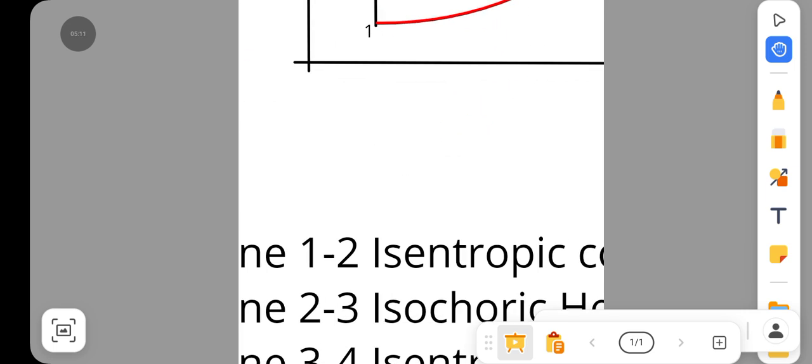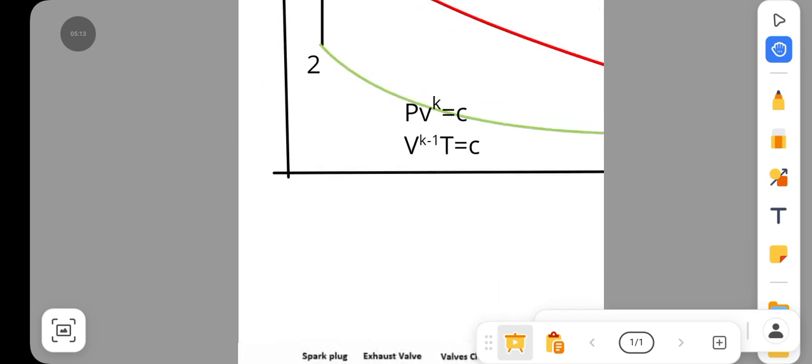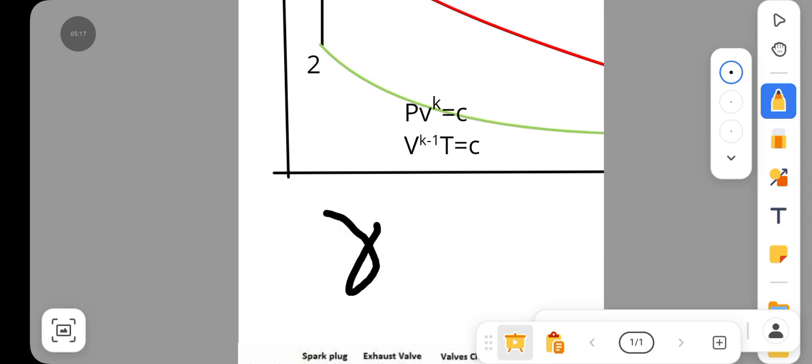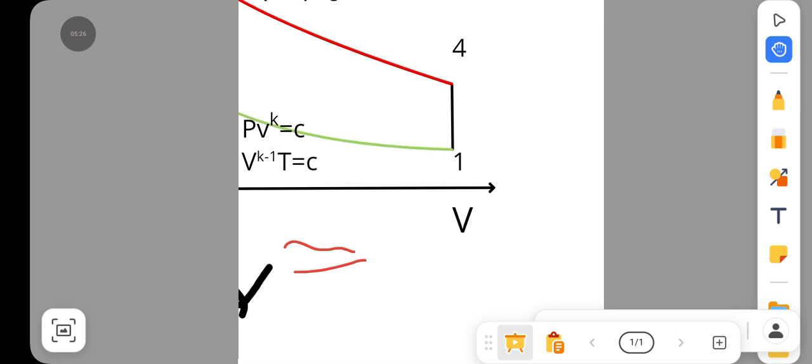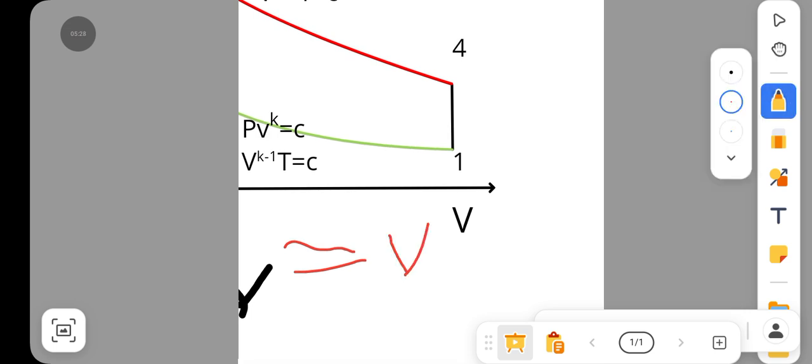Our compression ratio is denoted by r_v, and r_v is equal to V1 over V2.